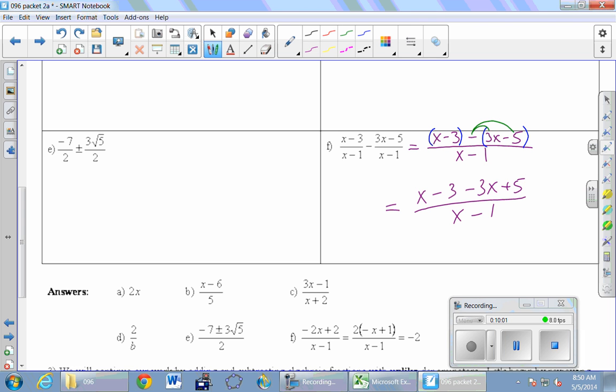It's like an invisible -1 times. So that -1 is going to come in and change all the signs inside. Okay, and now we'll mush the like terms together. So the x minus 3x gives -2x. Minus 3 plus 5 gives +2.